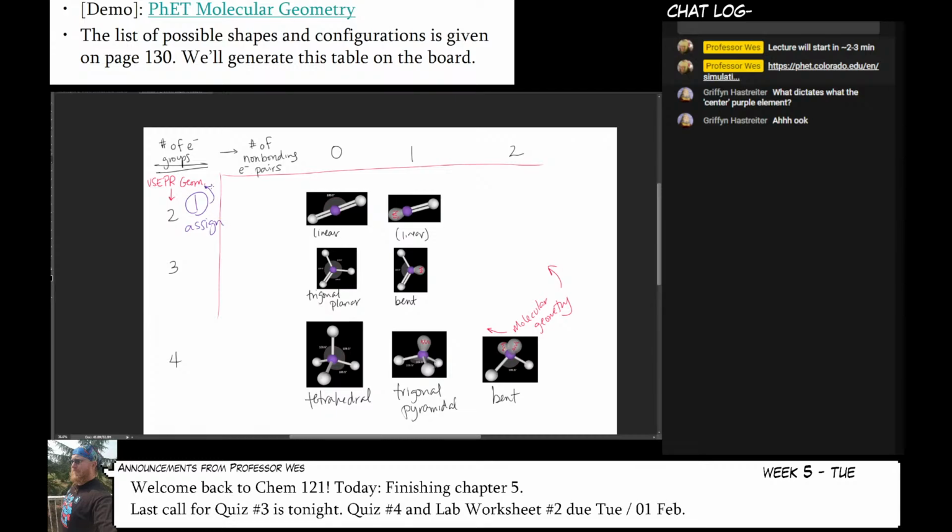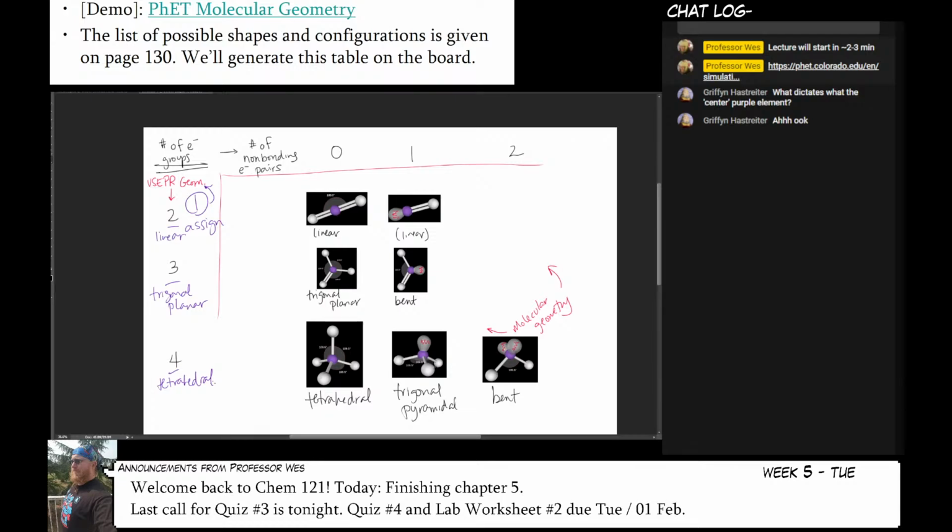Which family, 2, 3, or 4, does your molecule fall into? And you're going to give it a VSEPR geometry, and that's going to be linear, trigonal planar, or tetrahedral. Which family does your molecule fall into?